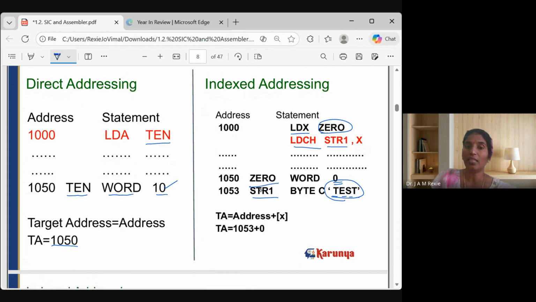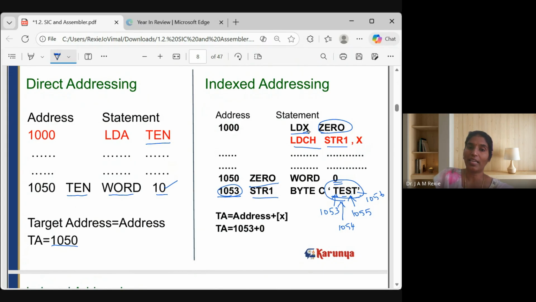So in STR1 at 1053, starting from 1053, I'm having the sequence of characters TEST, which means at place 1053 I'll be having T, and at 1054 we'll be having E, and then S at position 55, and T at position 56. So now with the address 1053, this X value will be added.